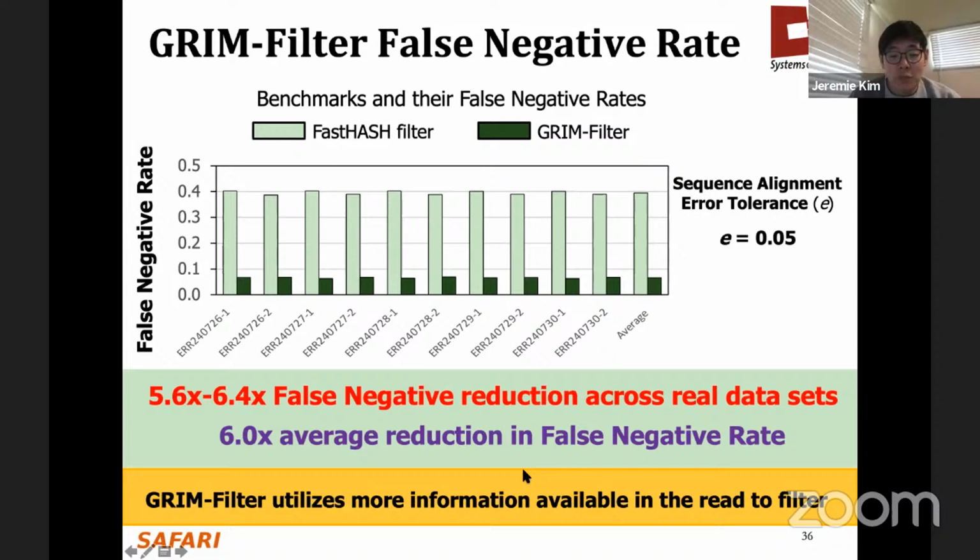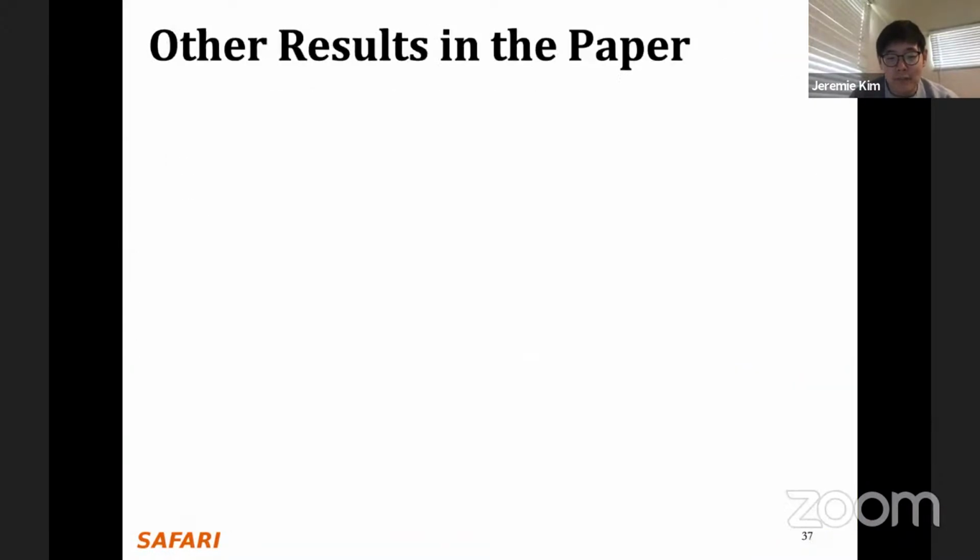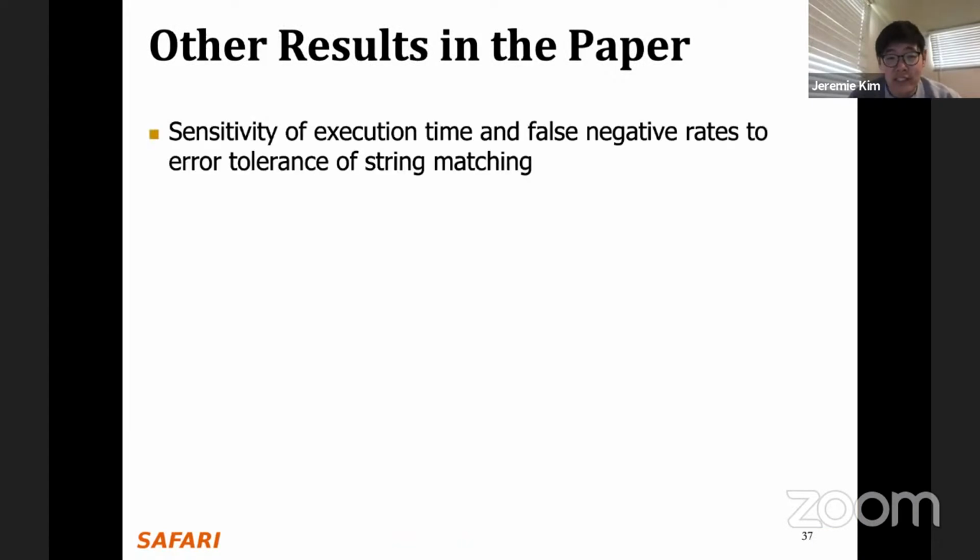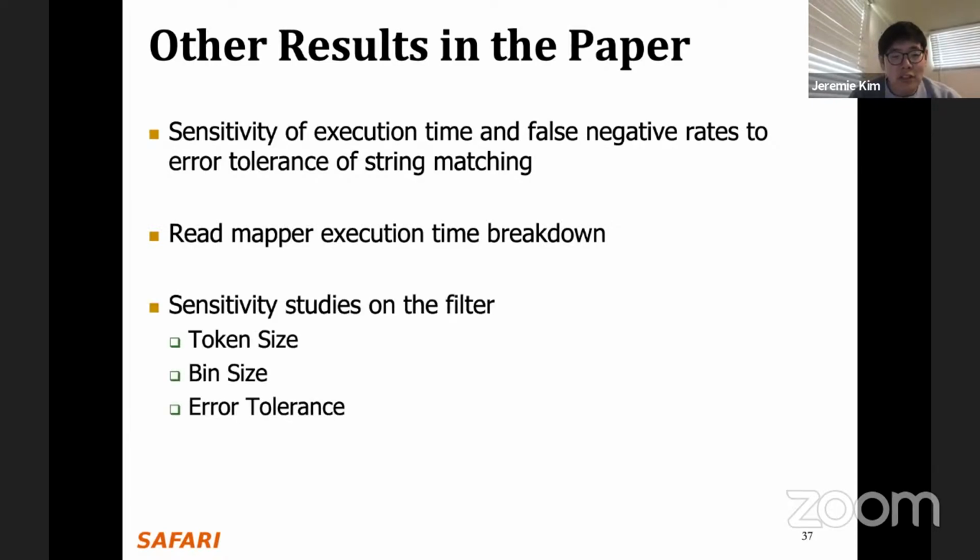And GRIM-Filter utilizes more information available in the read to filter, because we're extracting overlapping tokens, whereas a lot of places don't use the overlapping information, and so throw out a lot of information that might be there. There are a bunch of other results in the paper, such as sensitivity of execution time and false negative rates to error tolerance of string matching. We look at the read mapper execution time breakdown, and we look at sensitivity studies on the filter for the different parameters like token size, bin size, and error tolerance.